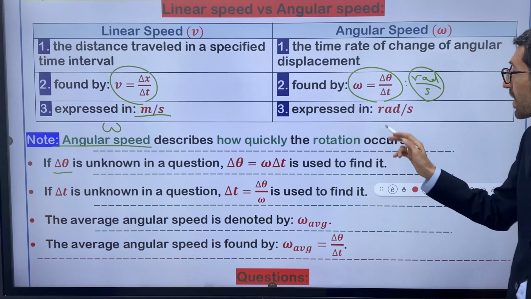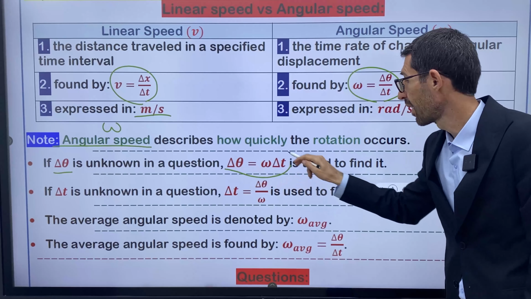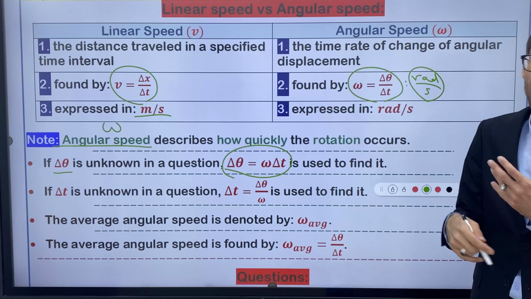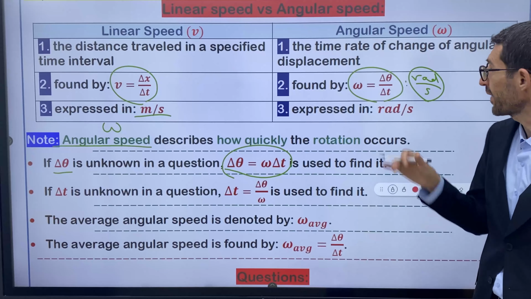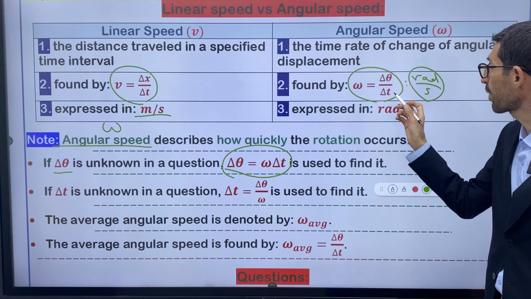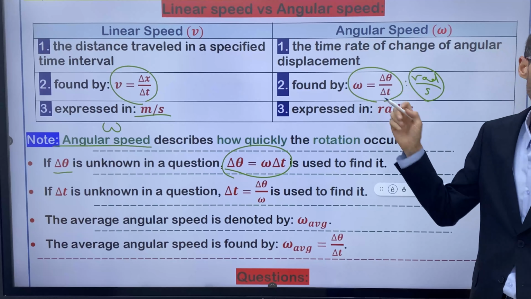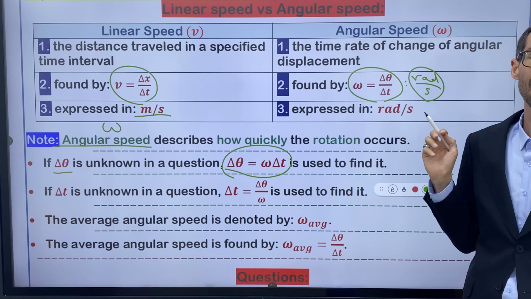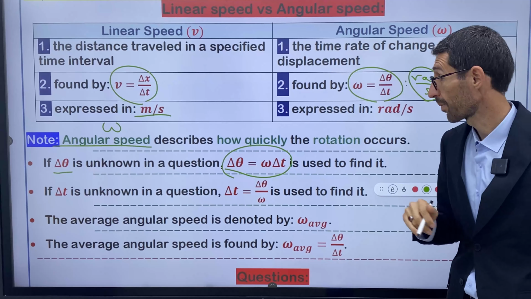Delta theta becomes omega delta t. It's not a new rule. It's just rearranging the original rule. If you memorize this one, you can rearrange it for delta theta or delta t, no problem.